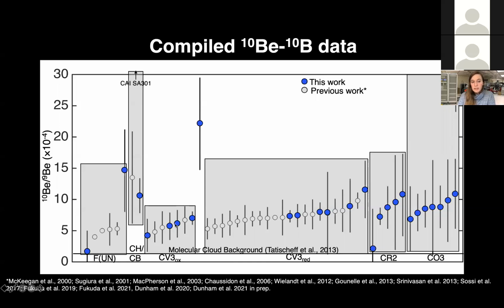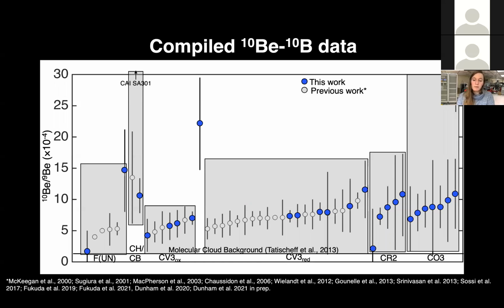My blue data is consistent with other CV3 oxidized CAIs and also other CV3 reduced CAIs. There's one outlier here that I'll talk about in a minute. And CR2 and CO3 CAIs also have a similar abundance of beryllium-10 as the CV3s, except there is this previous study of a CO3 CAI that has a much higher 10 over 9 beryllium ratio of about 29.